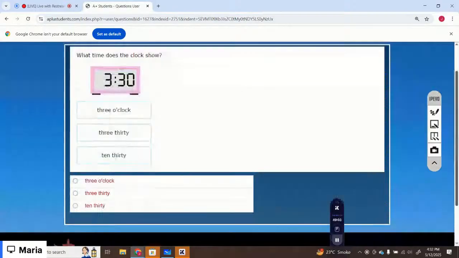What time does the clock show? That is 3:30. Option number two is the correct option.